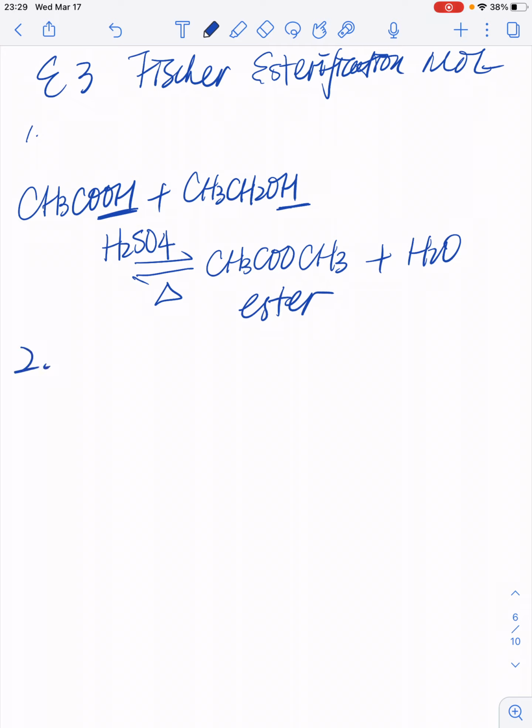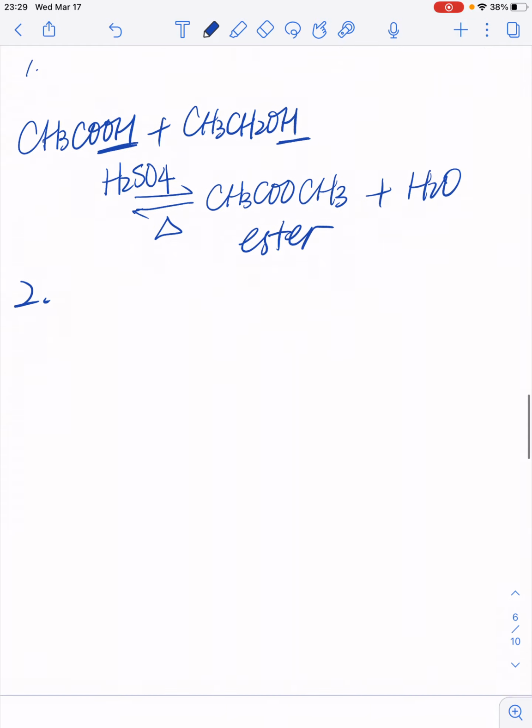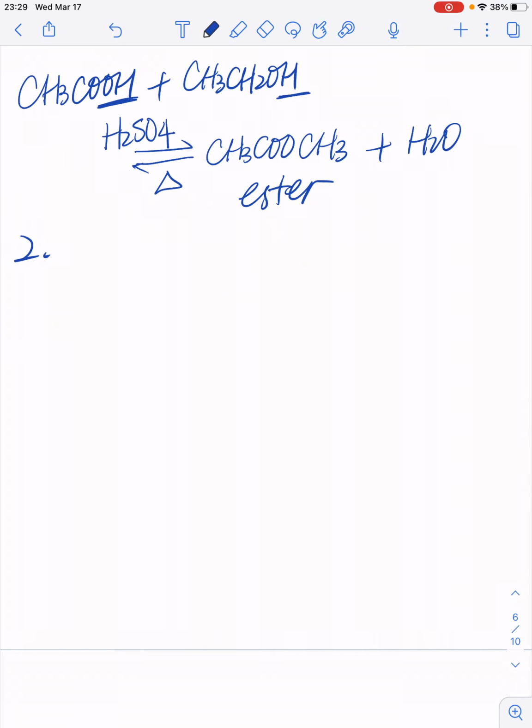Second question. Since it's an equilibrium reaction, if I want to push it forward to form the ester, what should I do? Well, the reaction will only occur under heat. So heating is one of the ways, right?